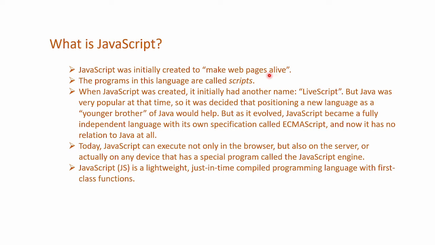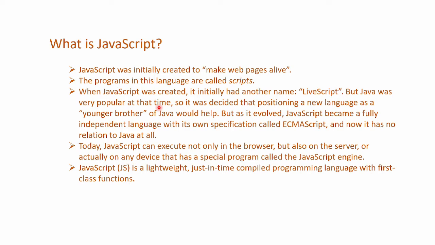And whatever we write in JavaScript are called scripts. We can simply say it scripts. When JavaScript was created, it initially had another name, and that was LiveScript. So why did it actually change to JavaScript? Because when LiveScript was introduced, at that time Java was very popular.